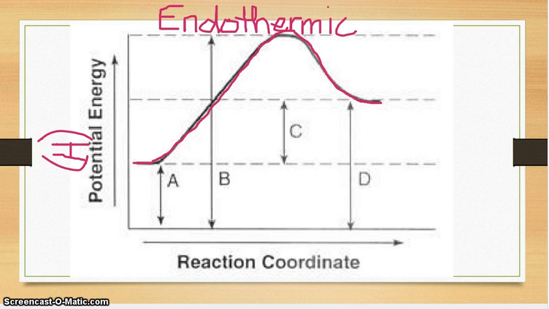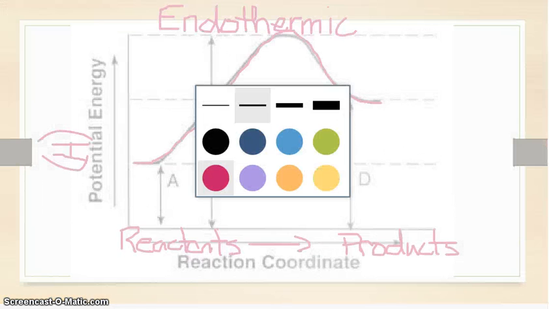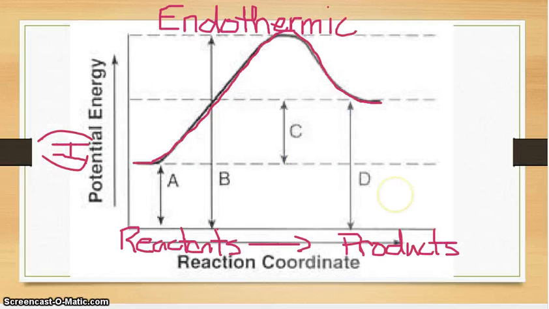Now, if we look at this as reaction progress, every reaction starts with your reactants at the start, and we form our products at the end. So when you see these energy diagrams for a reaction, you're always going to have a starting point with a little bit of a flat line and an ending point with a little bit of a flat line.